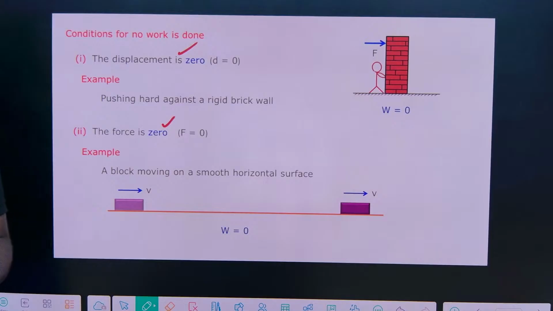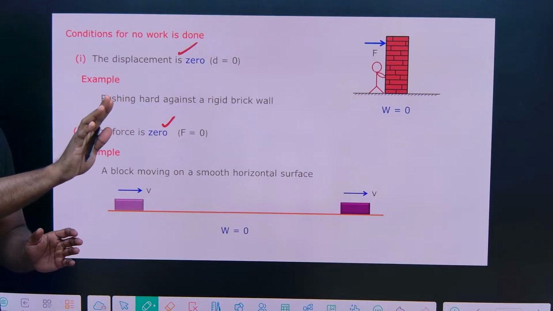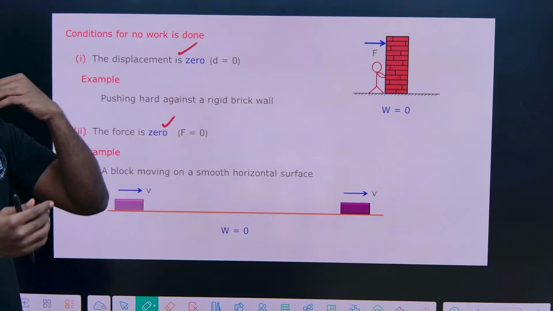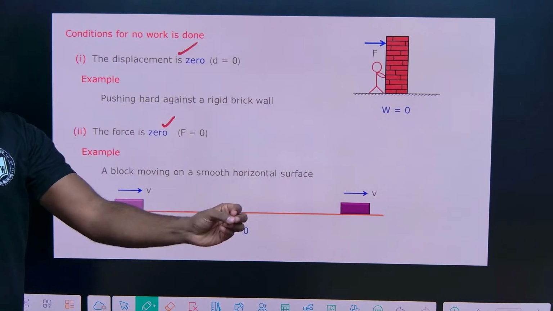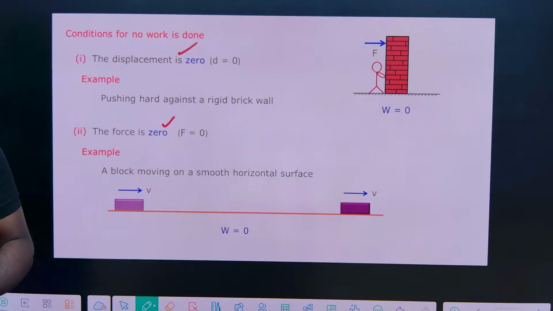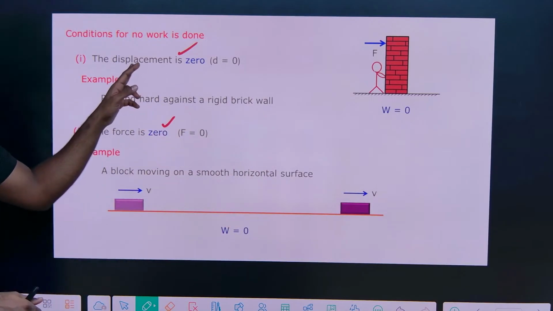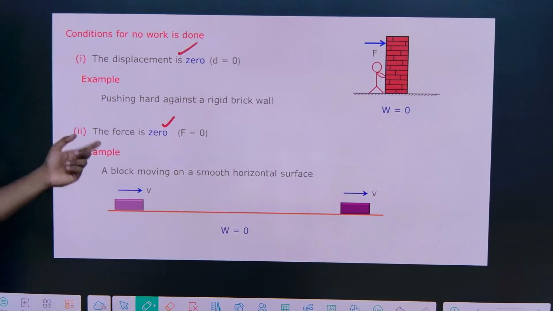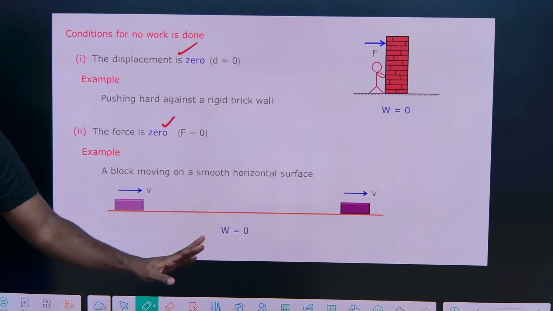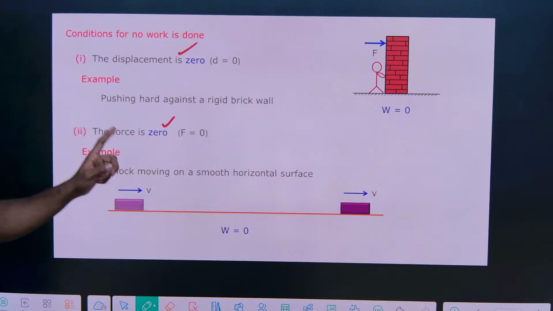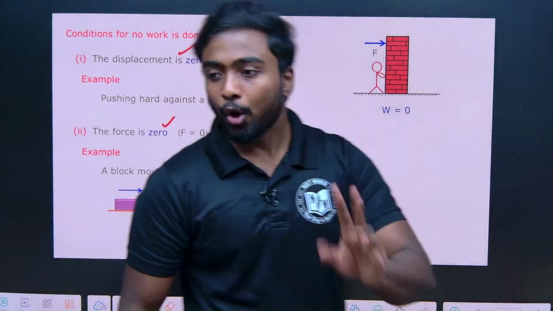No. I am applying a force like this, but it is at 90 degrees, and even so the wall is not moving, right? So there is no displacement. So there are two conditions: one, there will be no displacement, and another, force will be equal to 0. So these are the two conditions when we talk about no work done.